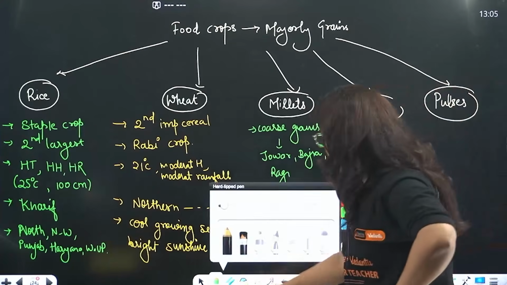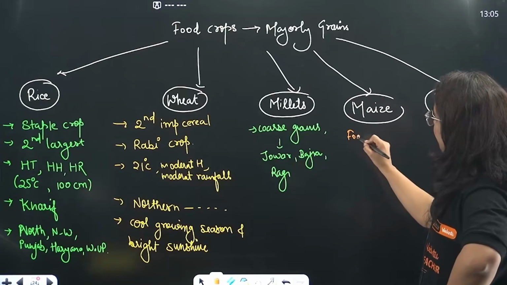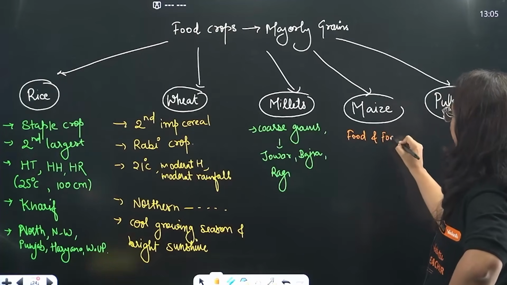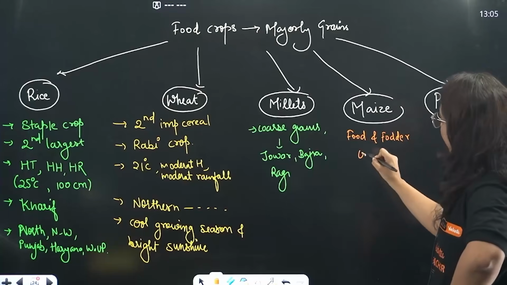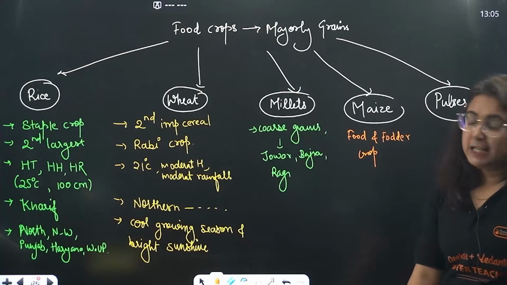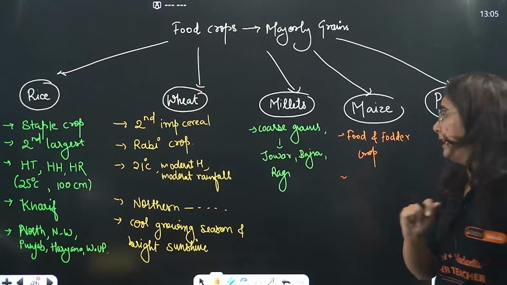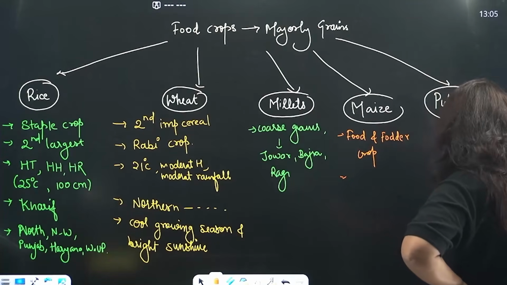Then we will move towards maize. Maize is basically a food and fodder crop in India, grown mainly in moist, alluvial soil. What else regarding maize is given?